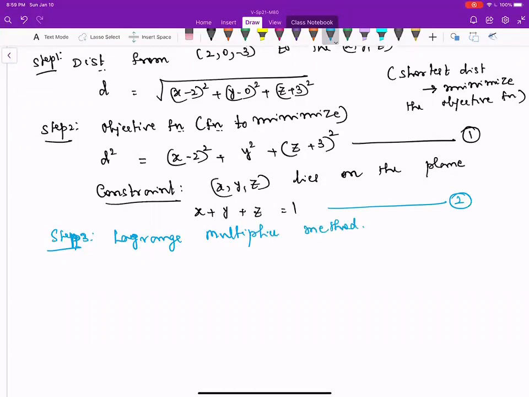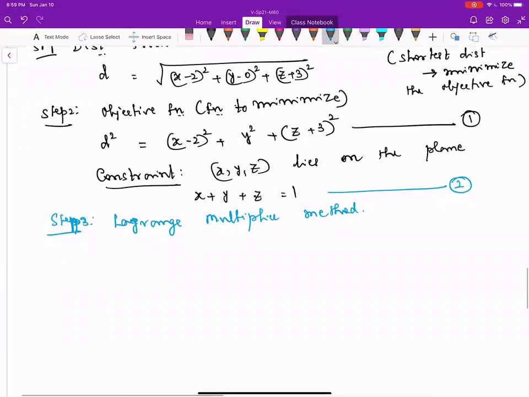We are going to apply the Lagrange multiplier method, which is del f, the gradient of f, equal to lambda times del g. This is what we need to apply first. So del f stands for fx, fy, fz, the partial derivative of f with respect to x, with respect to y, and with respect to z in component form.